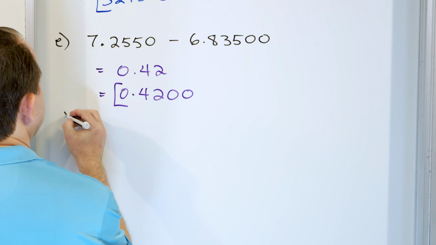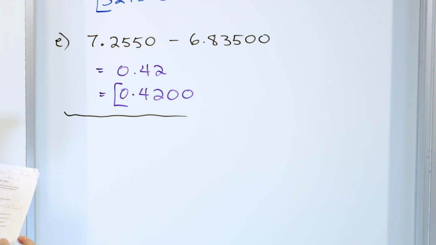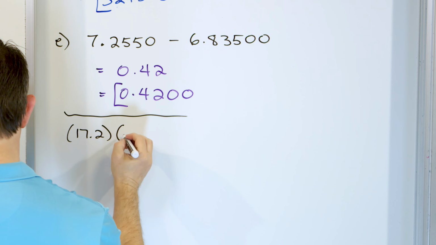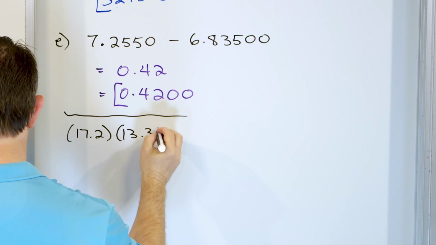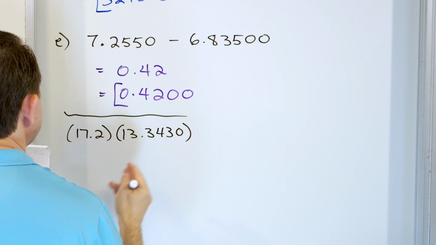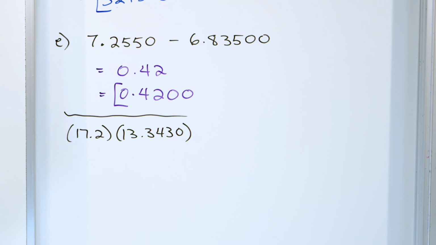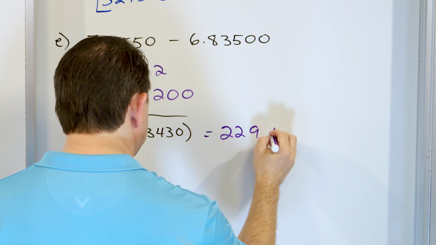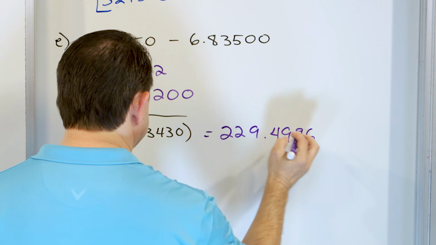All right, we have just a couple more really quick ones involving multiplication and division. Let's look at 17.2. I'm going to multiply that by 13.3430. So if you run this through a calculator, the number that you're going to get is 229.4996.